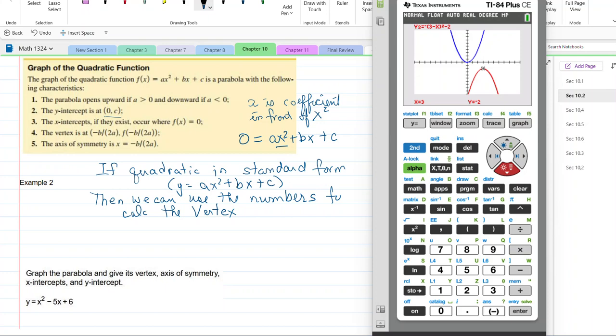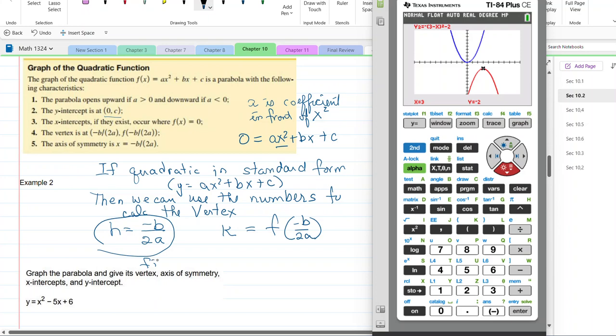In other words, to find the h, it is the opposite of b over twice a. And to find the k, it is f of the opposite of b over 2a. In other words, we find this first and then use it to find that. And we'll talk about the calculator as we go.